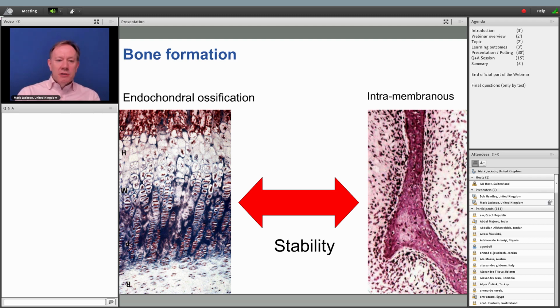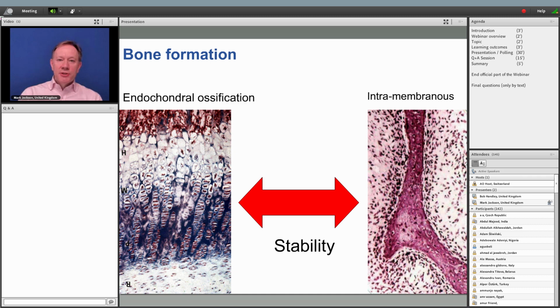So bone formation, we're familiar with endochondral ossification and the formation, as in a child's growth plate, of bone and longitudinal growth via chondroblasts, i.e. a cartilage precursor. Or we can have direct appositional bone formation onto the surface of bone by osteoblasts in a process of intramembranous bone formation.